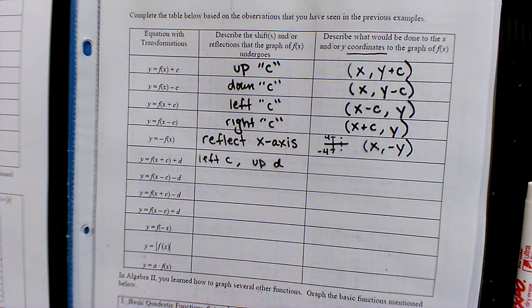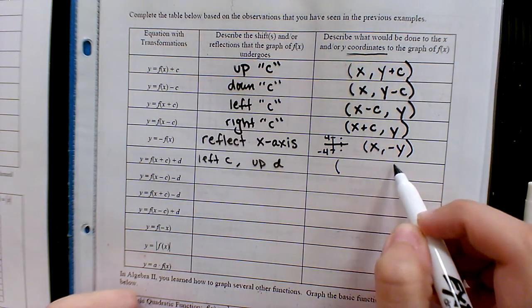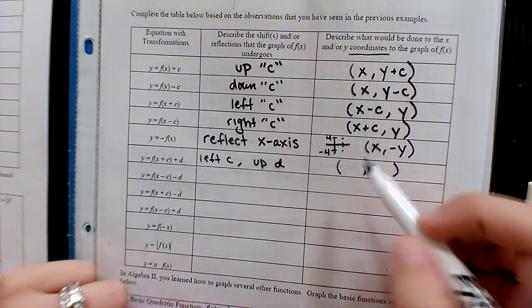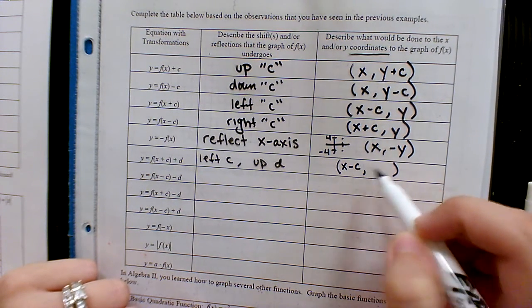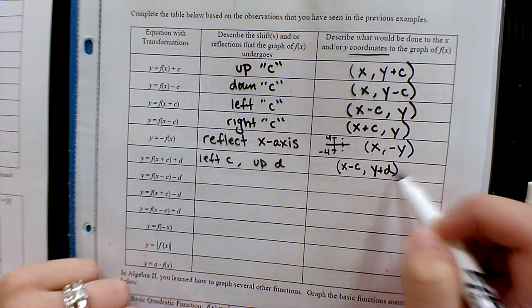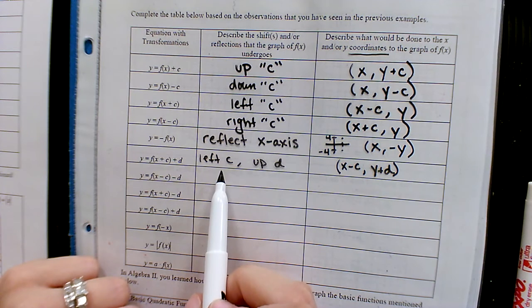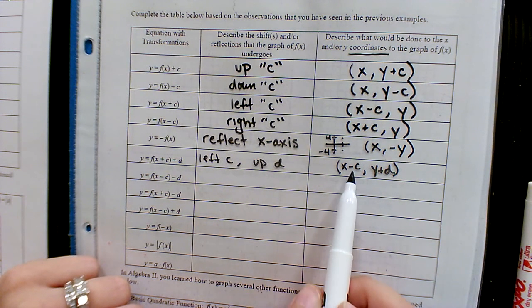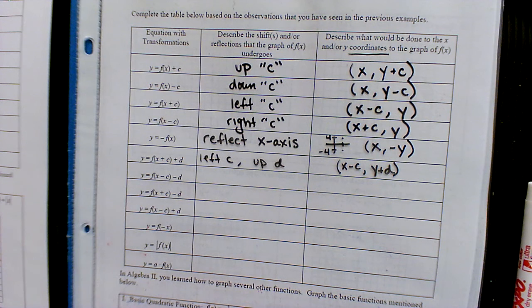You've got to think about how that is affecting your x coordinate and your y coordinate. What might it look like? X minus c and y plus d. There you go. If you're moving it left, the x value is getting smaller. If you're moving it up, the y value is getting bigger. So we would subtract the c but add the d. We doing okay?